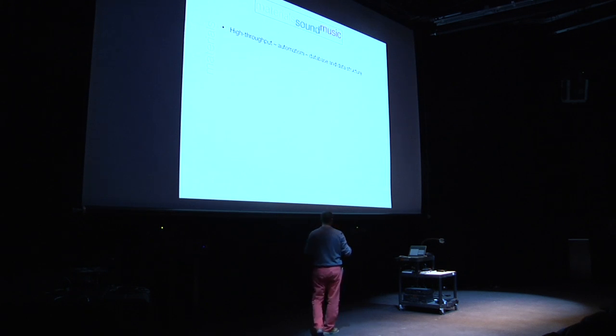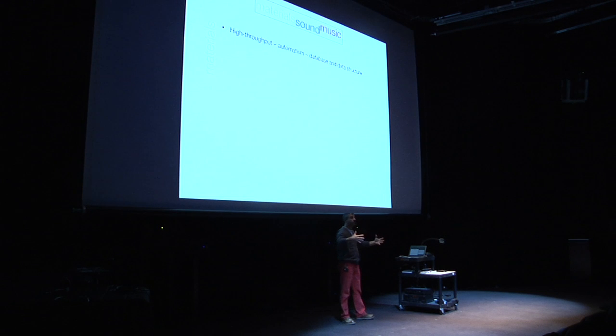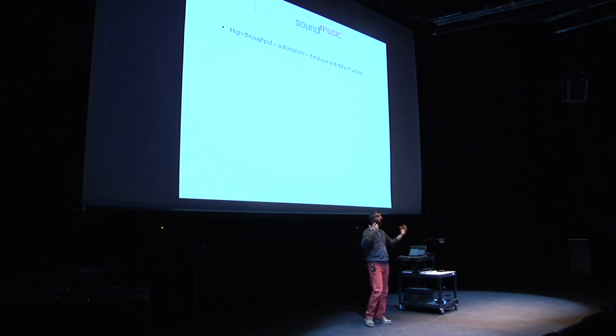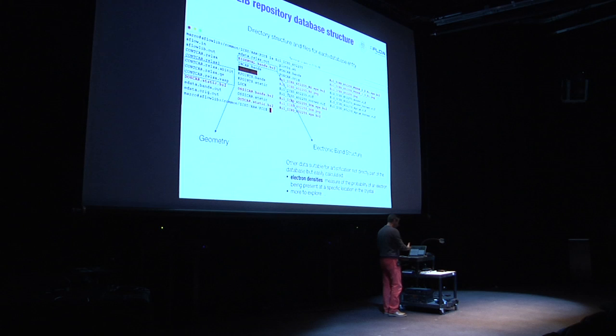And so we have to develop a technology or a technique that allows us to do these operations in a way that in computational material science we call high throughput. So we want to do this a lot, in many cases. This database that we are developing has a structure that is suitable for this kind of thing.